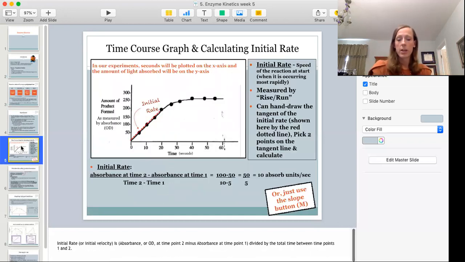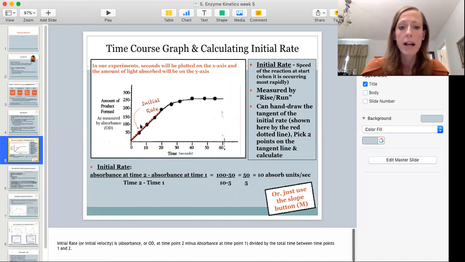So the graph shown here is what we call a time course, which just means that we're looking at the reaction over time, okay? So on our x-axis, you can see that time is in seconds. And then on our y-axis, this is the amount of product formed as measured by our absorbance value.